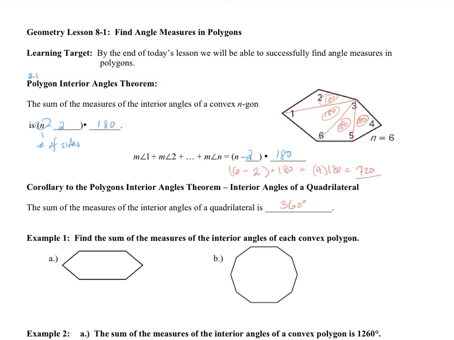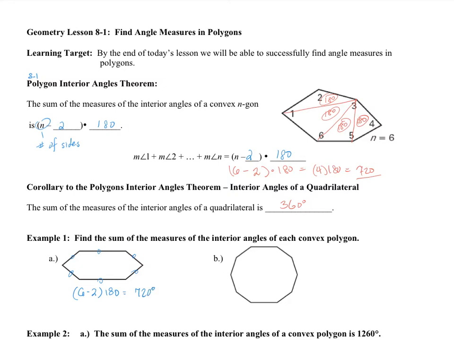Okay, let's take a look at some examples here. Find the sum of the measures of the interior angles of each convex polygon. So if we just count the number of sides, 1, 2, 3, 4, 5, 6, and then use the formula. So that would be 6 minus 2 times 180, and that will give you 720 degrees.